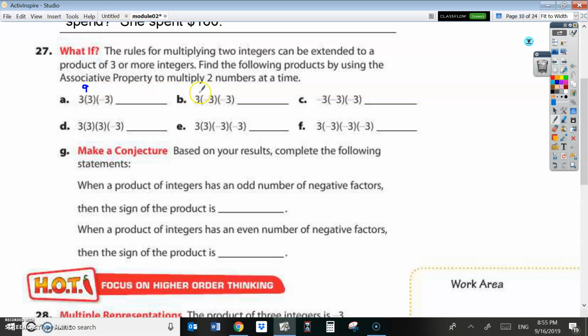But not true for this one, you get negative 9. This one you get 9. This one you get 9. These you get negative 9. These you get 9. These you get 9, because these 2 negatives cancel. These you get negative 9.